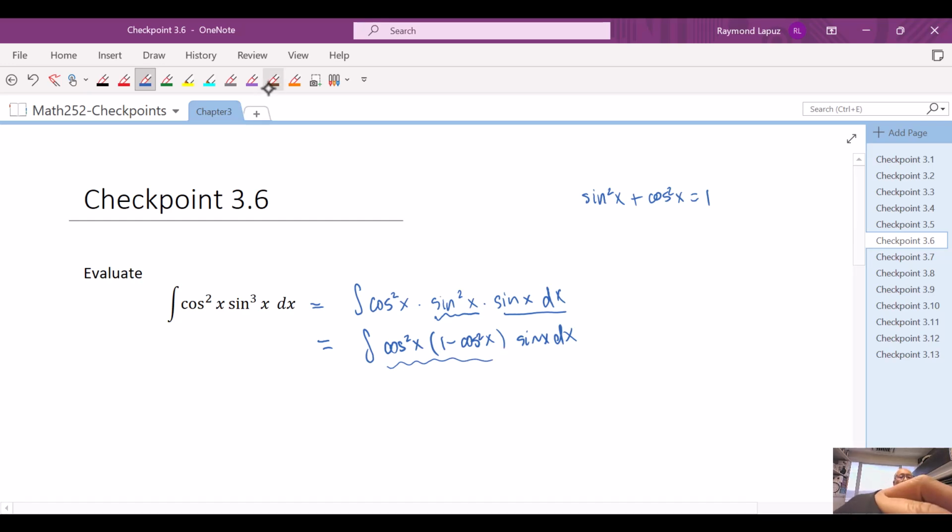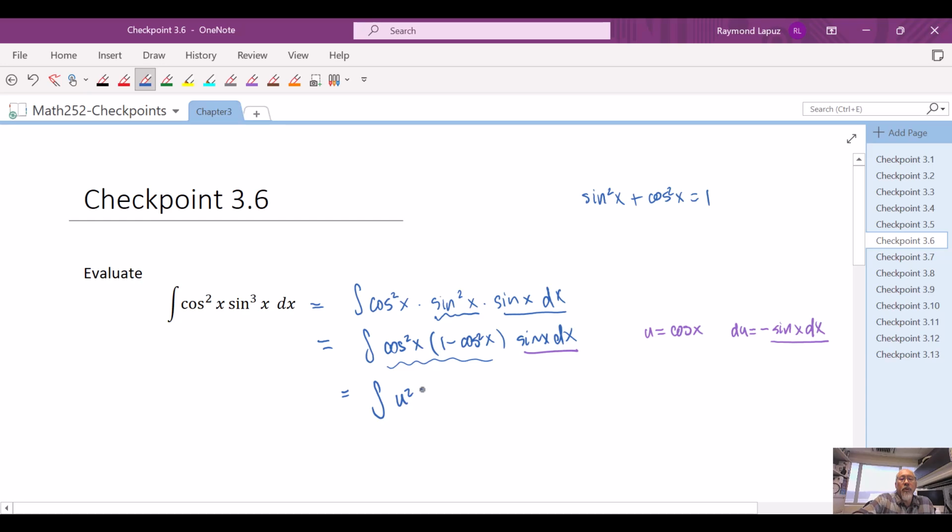So what we can do at this point is do a u substitution where u is equal to cosine of x, and then our du will be equal to negative sine x dx, and that takes care of the differential, and everything else will be in terms of u. So let's put everything in terms of u.